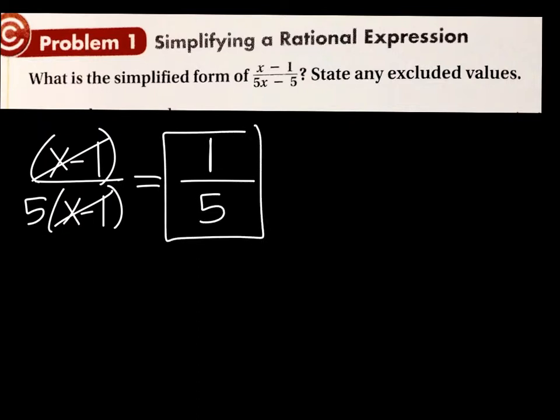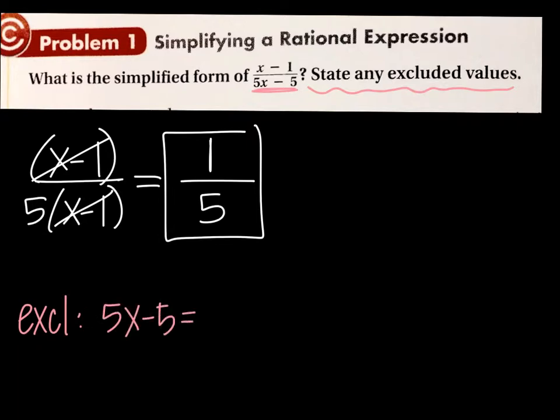And then there's this part that says state any excluded values. An excluded value is any value that would make the denominator 0, because as we all should know, you cannot divide by 0. So for any excluded values, you're going to take the original denominator and set it equal to 0, and figure out what x would have to be to make the bottom 0, and that's your excluded value.